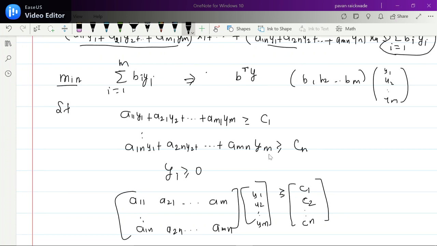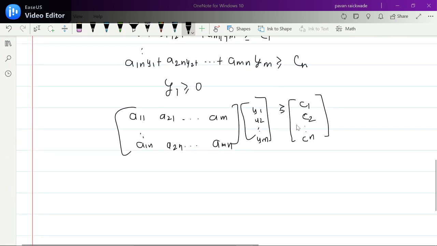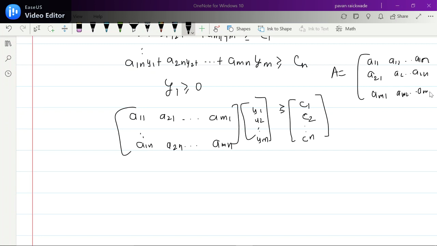If you look at what A was, it was simply the matrix with rows a11, a12 up to a1n, then a21, a22 till a2n, and am1, am2 up to amn. So if you observe, this is simply its transpose. A transpose y is greater equal c, where c is the column vector. So that's all. This is the interpretation of the dual in general.